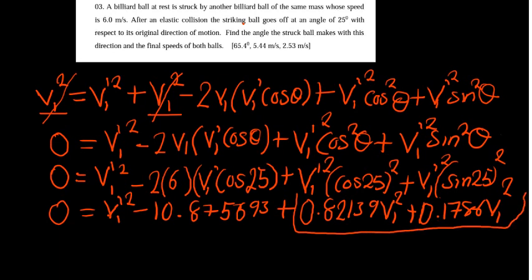These can be added to simplify our equation here. So we're going to say 0 is equal to v1 squared minus 10.875693. When you add these two, what are we getting?